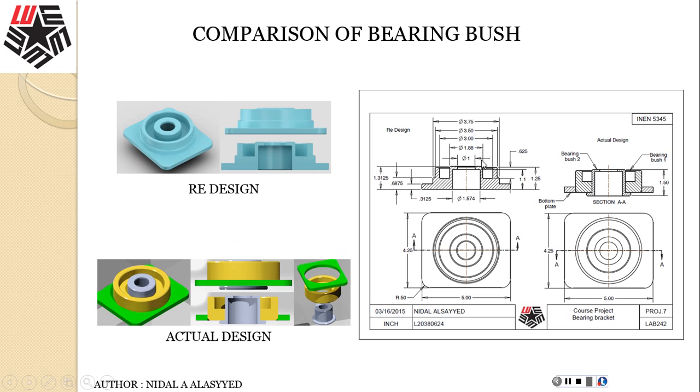See how this drawing shows both actual and redesign. The blue is the redesign, on the left hand side, and there are the three parts here, one, two, three. I'm replacing those three parts with one cast part.